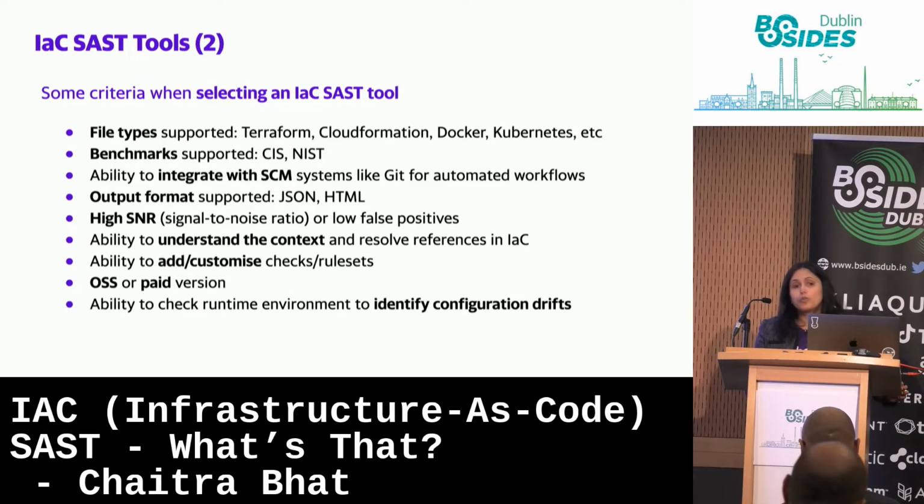And output format may become important if you want to forward your findings from the tool to a dashboard for easy viewing of metrics. And the ability to understand the context and resolve references in your IAC becomes important, because you might be including other modules from other Git repositories. So if the tool can also scan that and get a better context of the code, then that would mean low false positives, right? Yeah, I missed a point there.